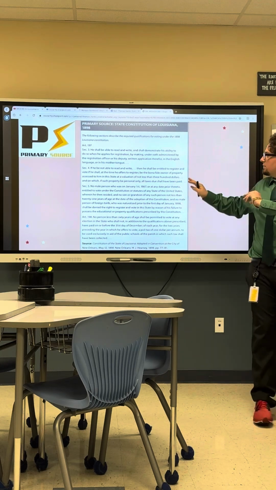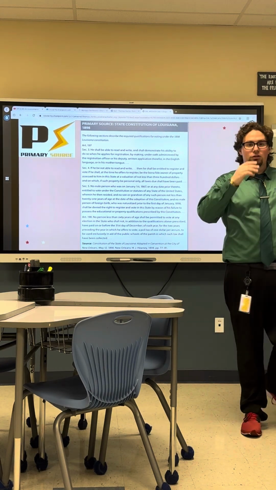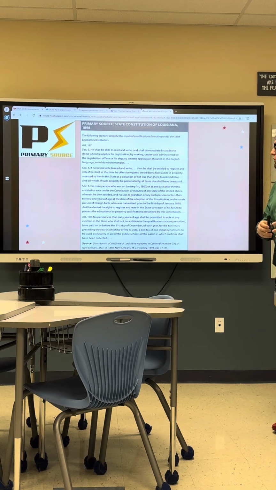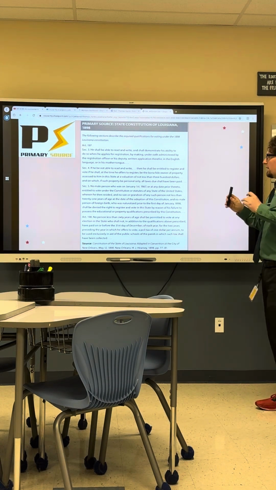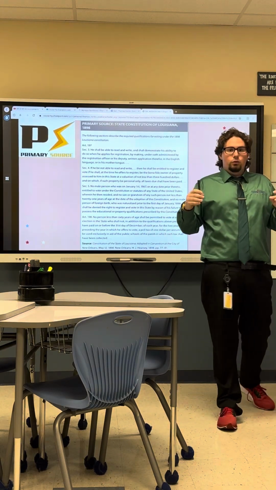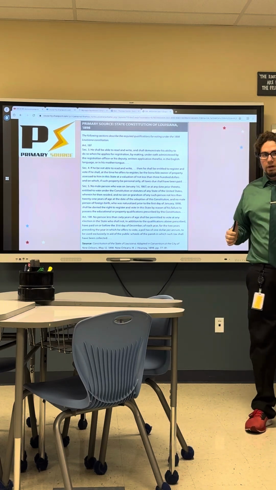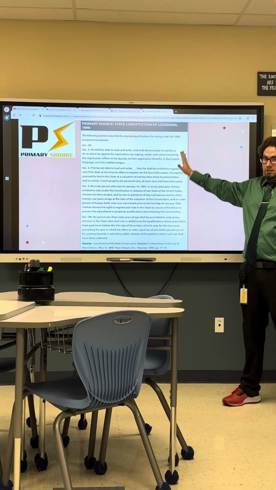As you're reading the different sections from the Louisiana Constitution of 1898, I want you to look at the limitations that the Louisiana state government was placing on a certain group of people. I'm not going to give you the answer because it's all in there.